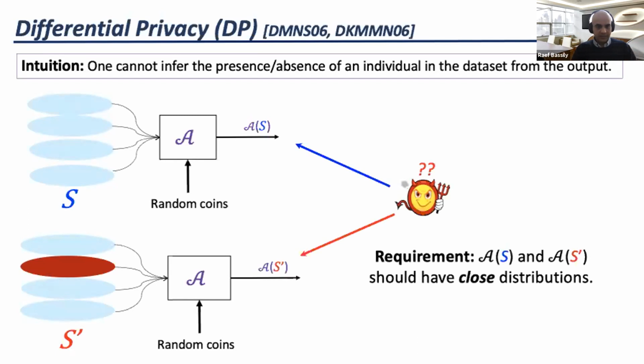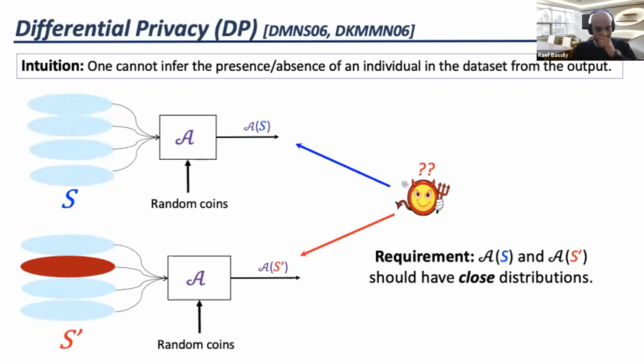So here, in these two scenarios, the two input data sets are the same except that they differ in one individual's data record, your data. So we say that the randomized algorithm is differentially private if the distributions of the output of the algorithm in these two scenarios are close to each other.